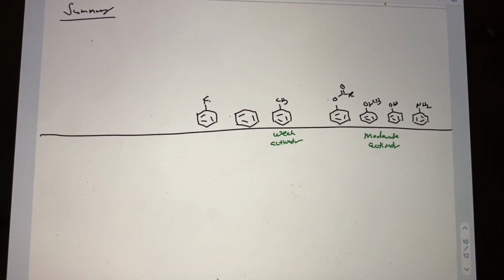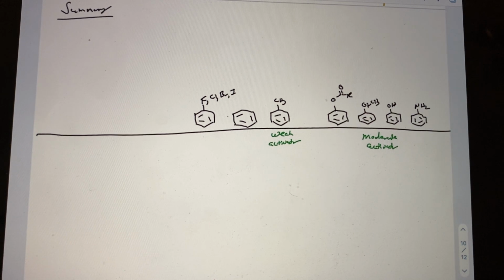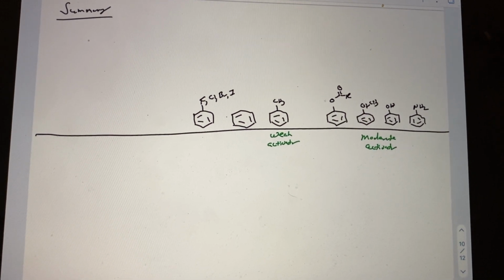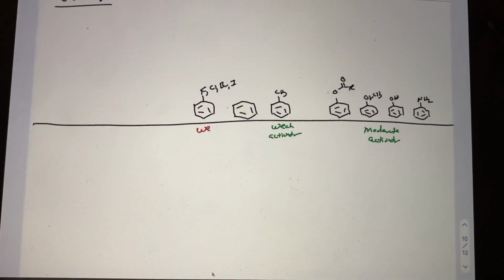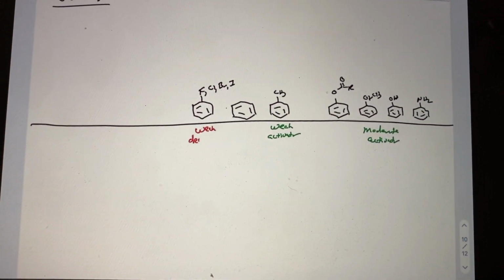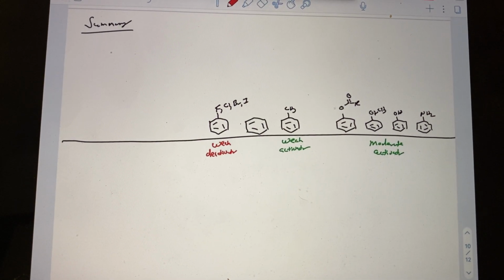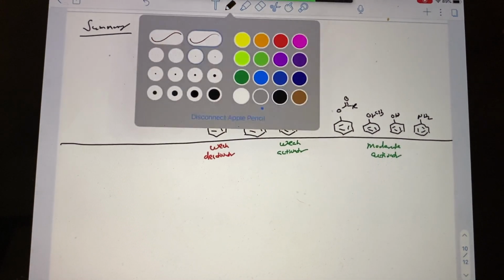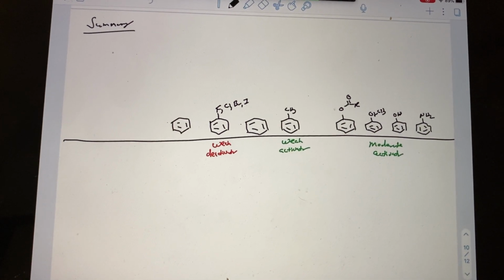So this could be the halogens. Okay? So why don't we use a different color? Red maybe? Weak deactivator.